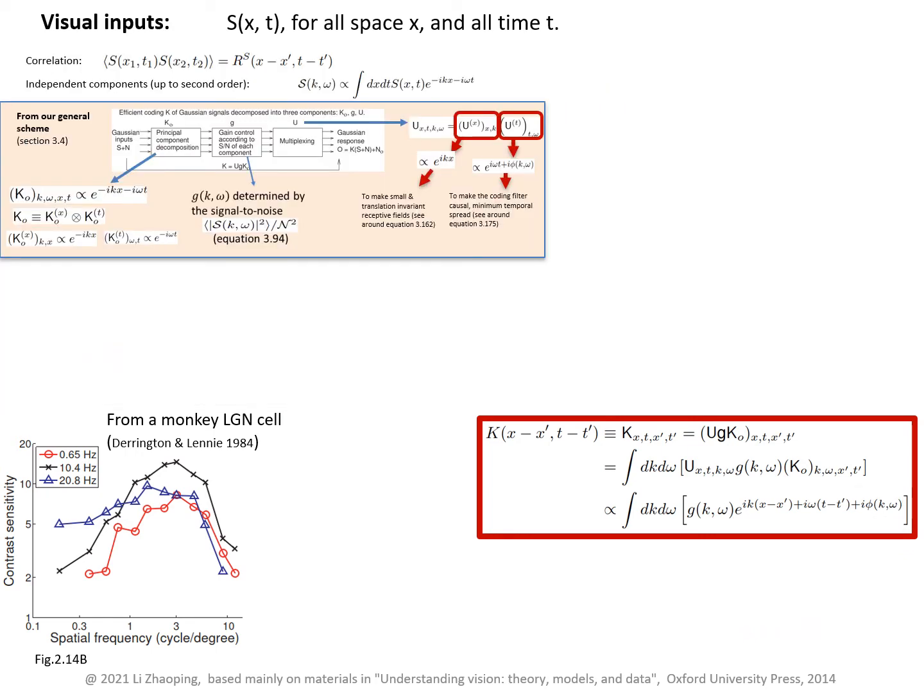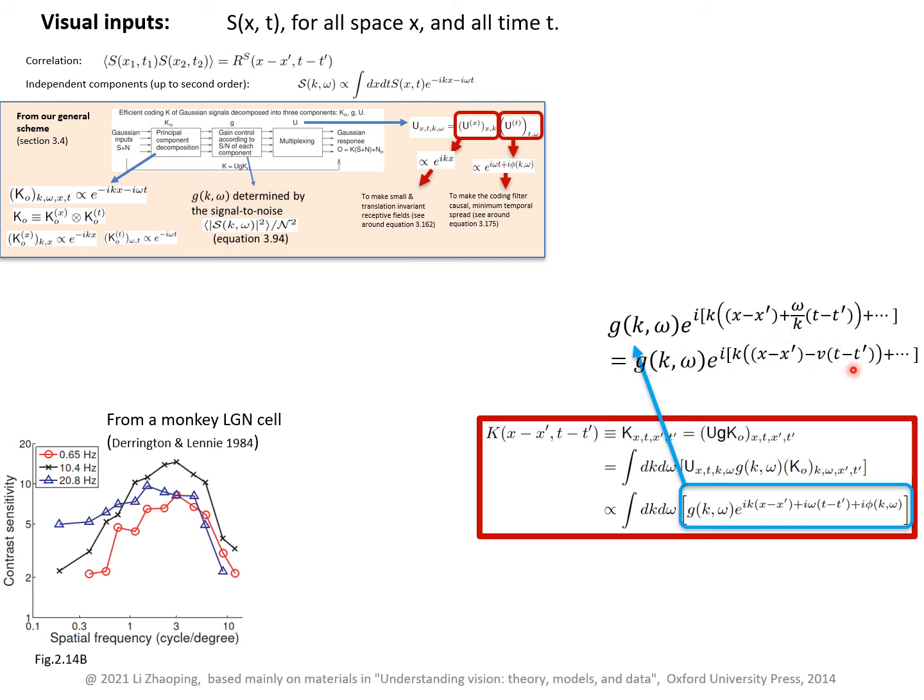Let's look at this more closely. This can be written as here. Now the factor k is taken out, so therefore omega becomes omega over k. And now we can write this out again in this form, replacing omega over k by minus v.